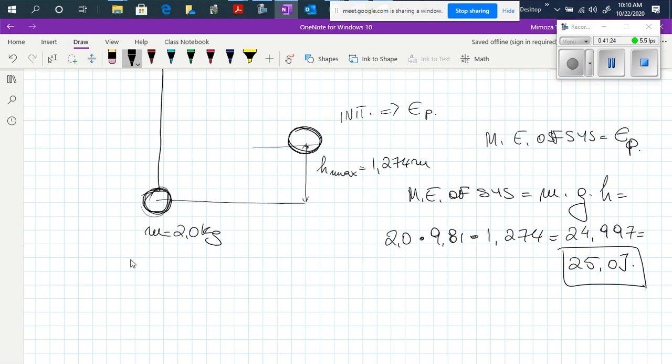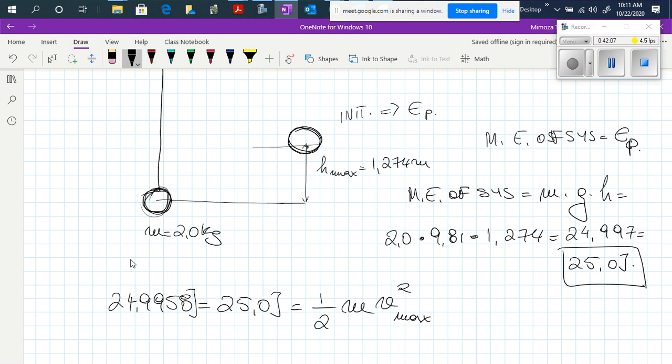Okay? Now, that is the maximum energy the system has, the mechanical energy of the system, and it is transformed into kinetic energy. Everything is transformed into kinetic. This will give us the maximum velocity. So 24.998, whatever, or 25 joules is equal to 1/2 m v max squared.